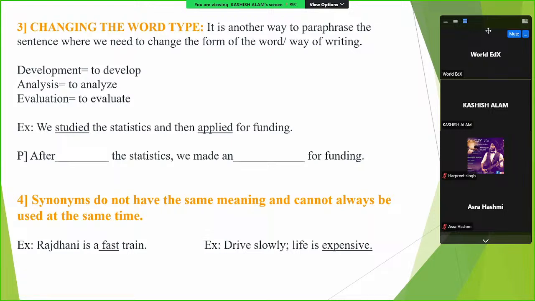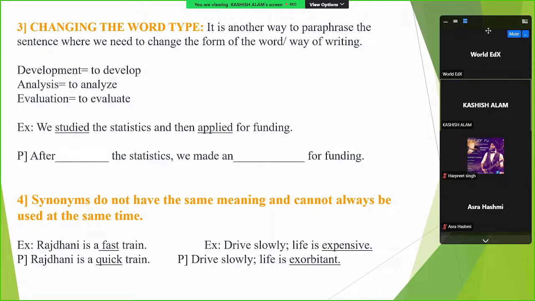If I say Rajdhani is a fast train, that's completely fine. But if I say, on the other hand, Rajdhani is a quick train, it will be completely wrong. Why? Some students paraphrase it as Rajdhani is a quick train. Now you're getting the statement wrong, because fast and quick are synonyms of each other, but when it comes to the word train, we only and only use the word fast.